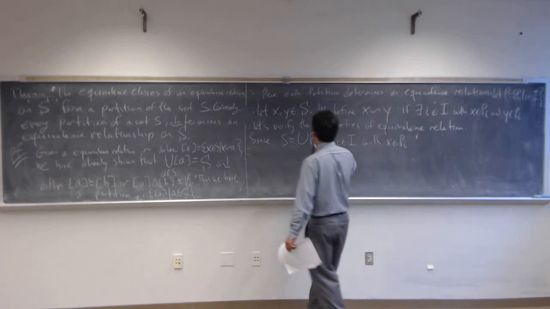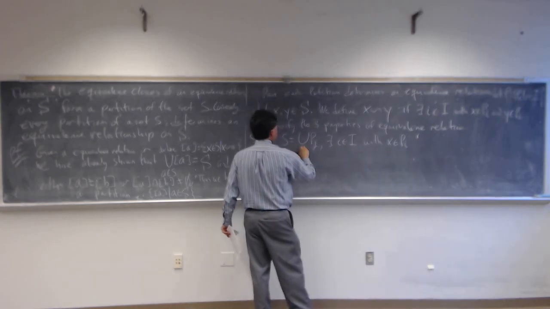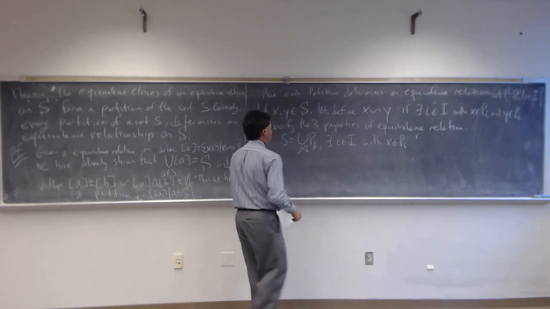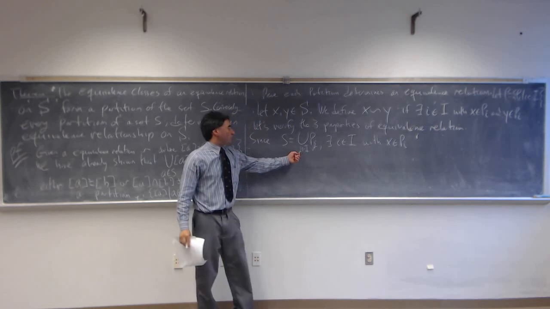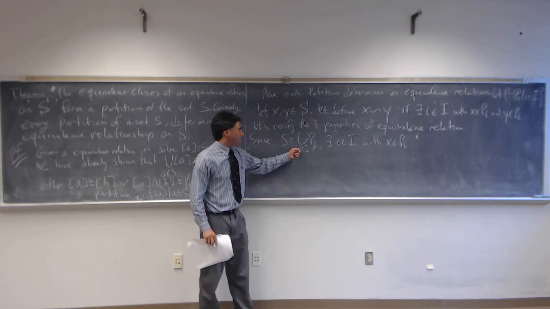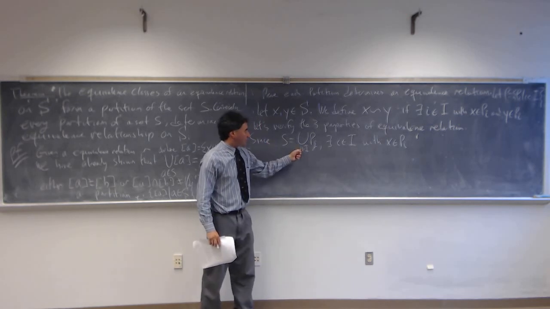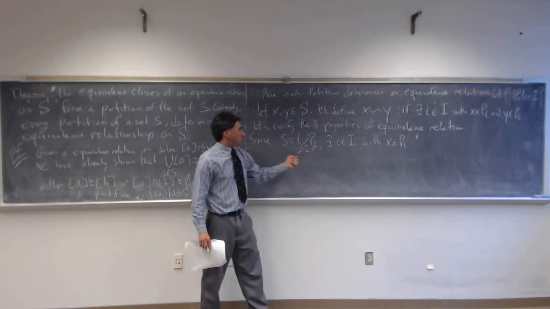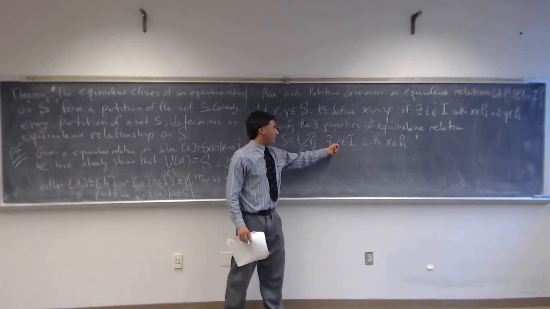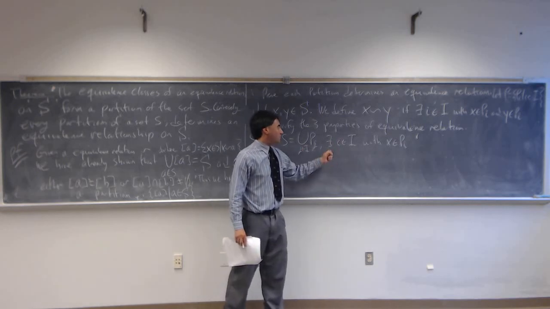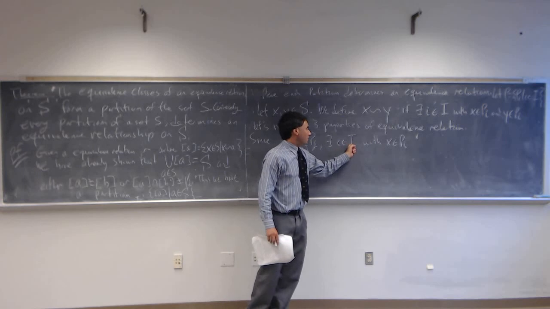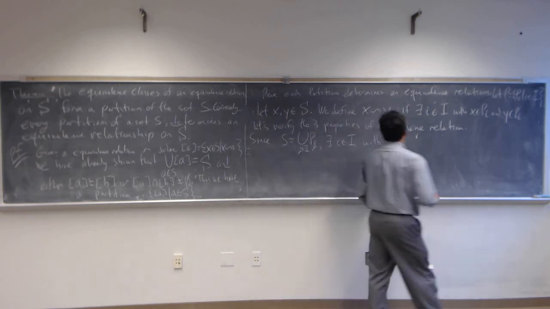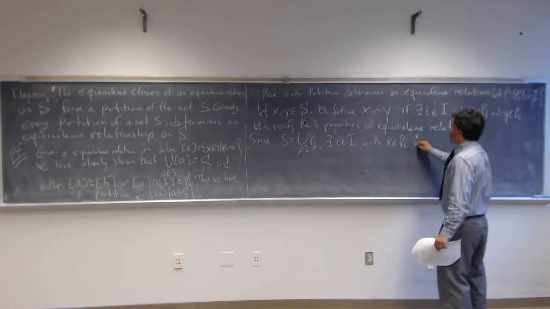Maybe I should change the index, since I probably shouldn't use i twice. Here j is a so-called dummy variable; I'm just using j to index over all of them. As j runs through all of these index sets, one of these j's has to contain x. Let's call that specific one i. So there's some i as an index with x in P_i.